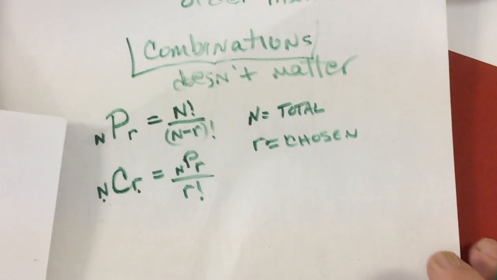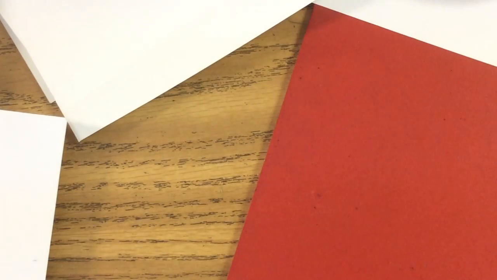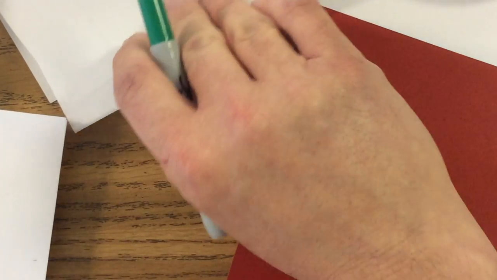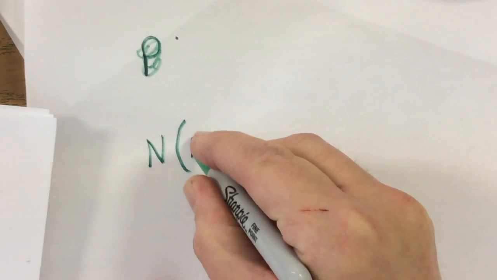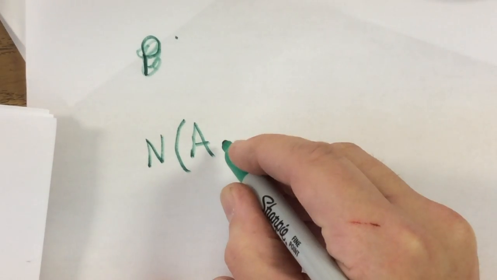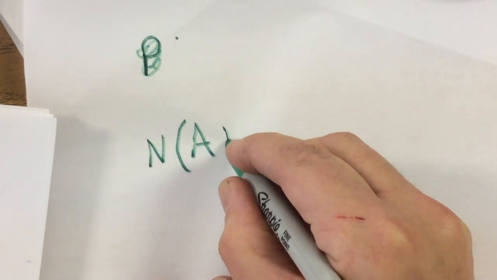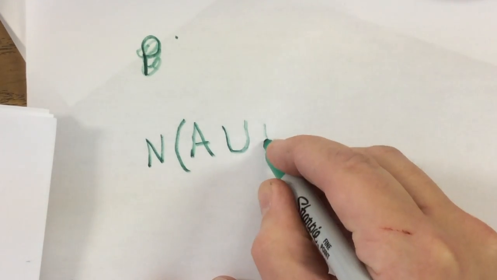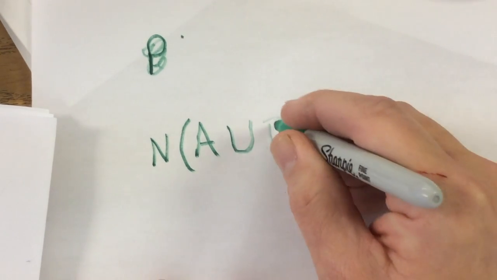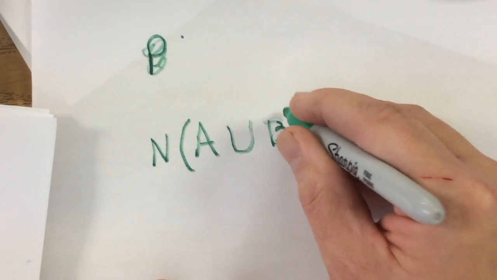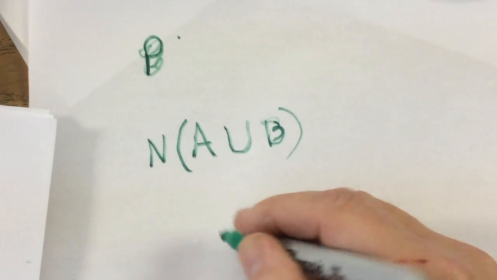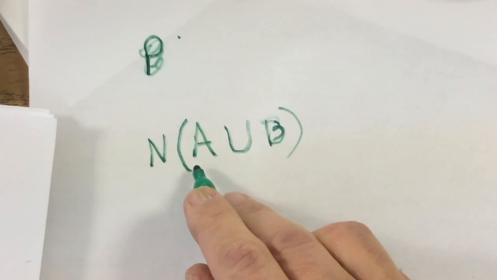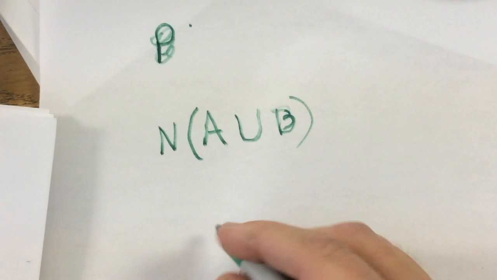All right. So if you'll remember, I said the other day that probability is all about counting, and counting sometimes is more complicated than you might think. If I want the number of things that are in A union B, okay, there are two different ways this might actually play out.